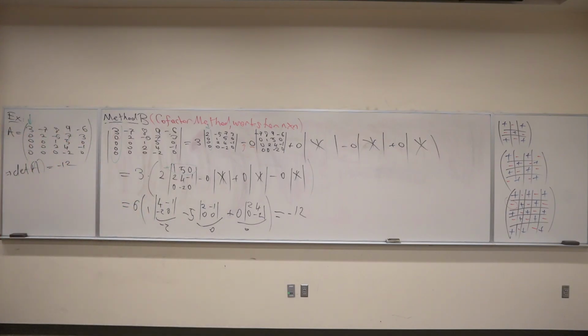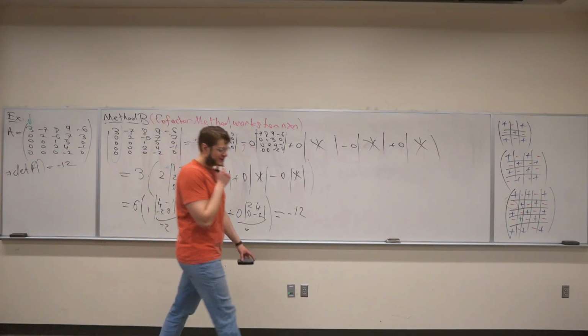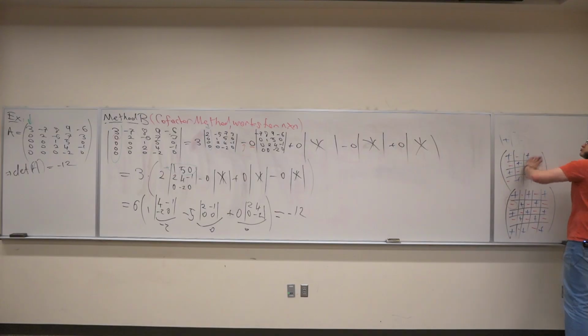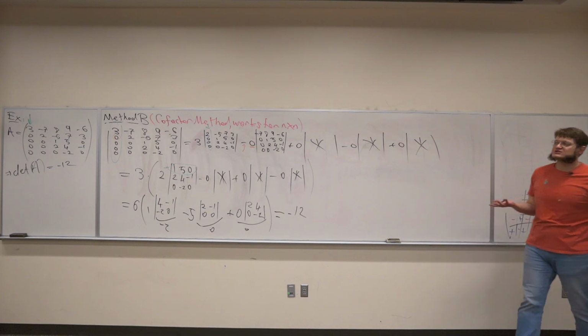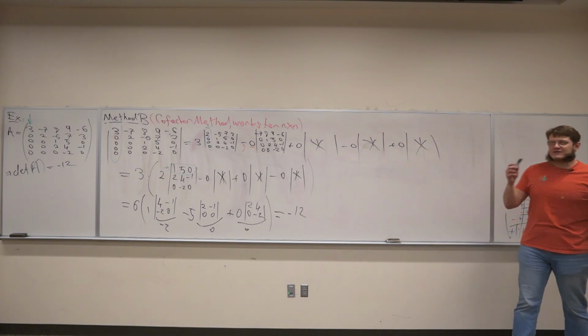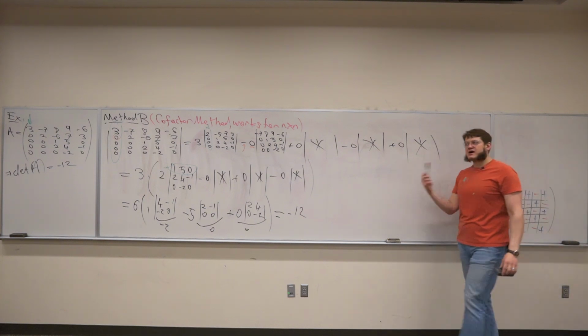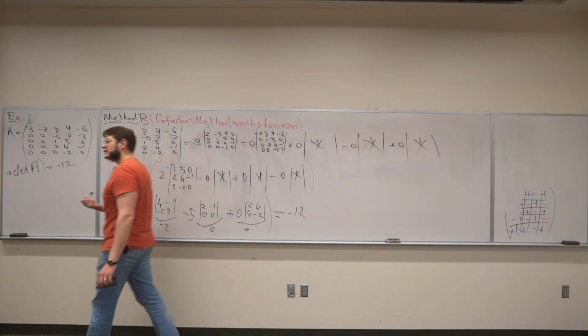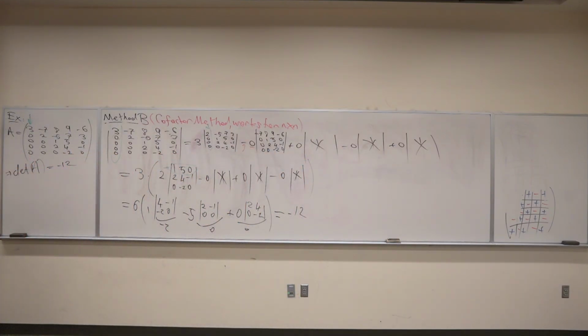Okay, I'll do one more way, and in fact, I'll introduce a slightly different idea. So far, we've been using row reduction, but in fact, you can do column reduction as well. If instead of left multiplying by elementary matrices, you right multiply your matrix, that corresponds to column reduction. Okay?